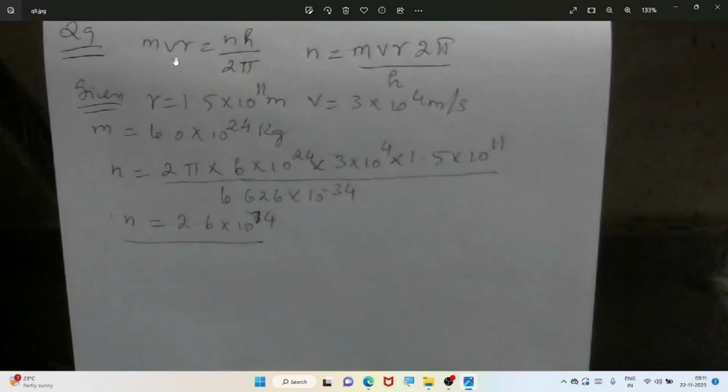This is the angular momentum L equal to nh by 2 pi, equal to mvr. From that the quantum number n equals this formula. After substituting you will get this quantum number.